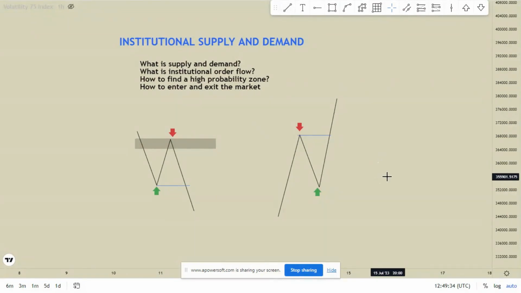So now we are looking at the types of supply and demand, and that seeks to address how to find a high probability zone. In simple terms, there are different types of high probability zone. A zone will either be a supply zone or a demand zone.